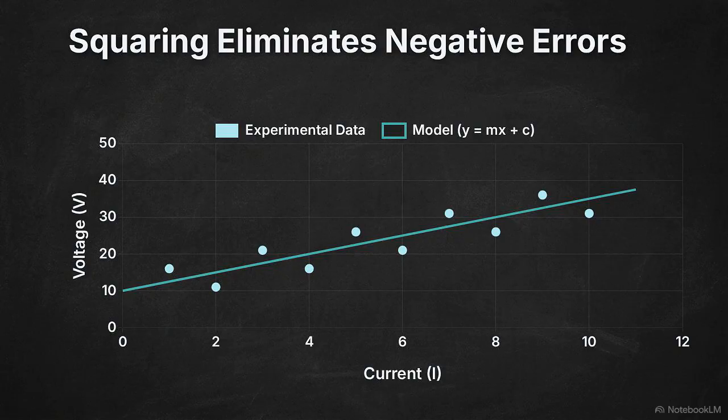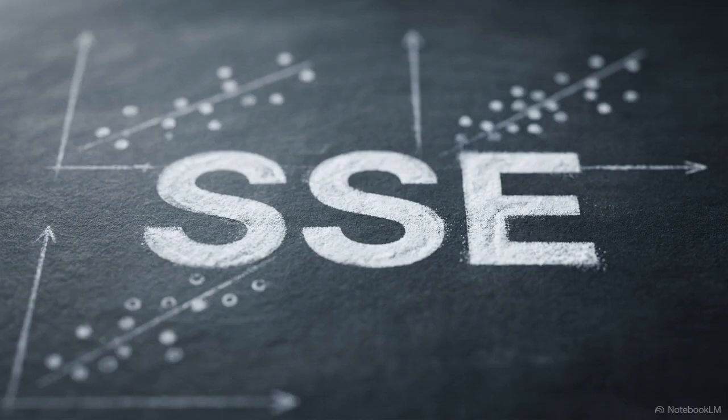Then we apply the summation symbol to represent adding up these squared penalties across every single point in the dataset. This complete equation is known as the sum of squared errors, or SSE. SSE provides a strictly positive metric. It captures the exact total of the vertical distances, revealing the true predictive error of any linear model.